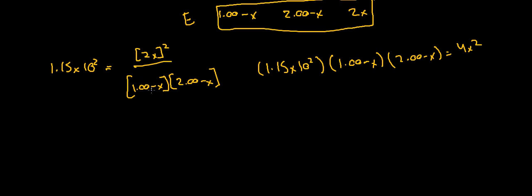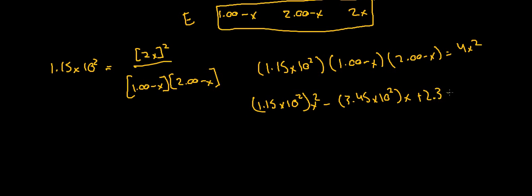I got 1.15 x squared minus x, and then subtract 4x over to the other side. I should have just done that originally. Oh well.